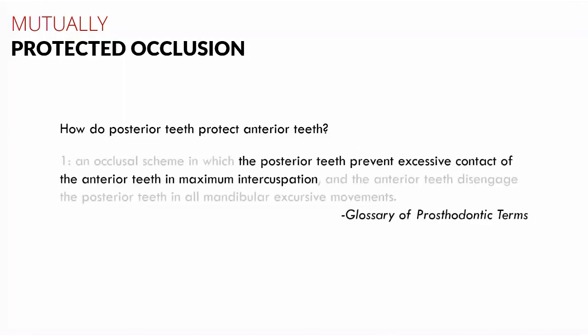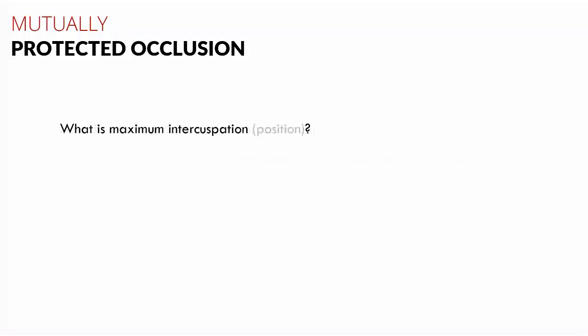And when we go back to the definition, they'll say, well, the posterior teeth prevent excessive contact of anterior teeth in maximum intercuspation. Okay, so this term, maximum intercuspation, may be a new term for you, and let's kind of define it so we can start speaking like dentists.